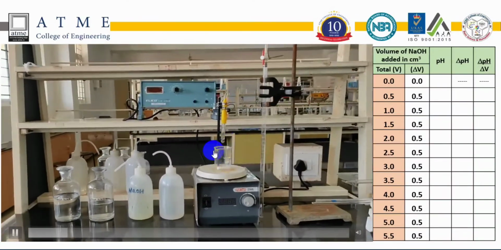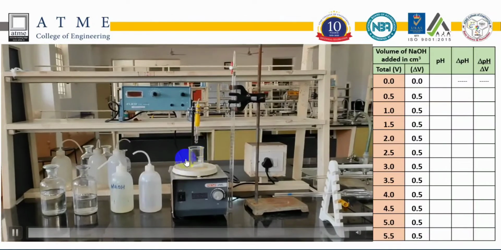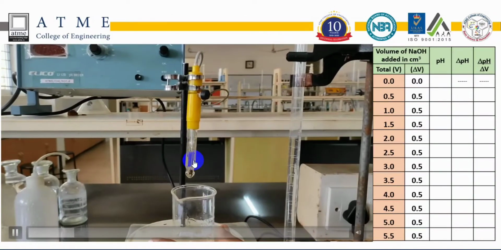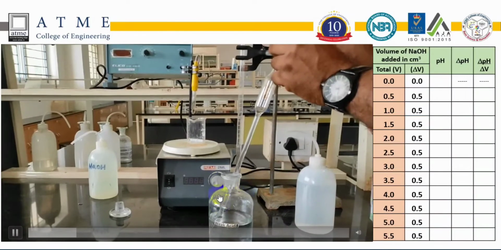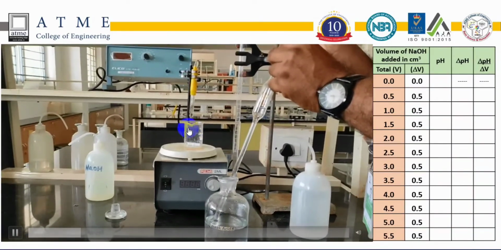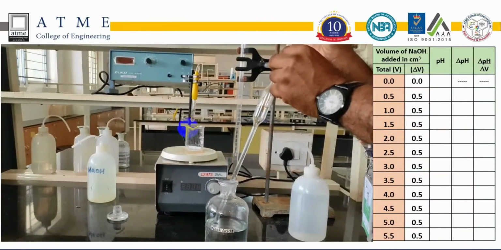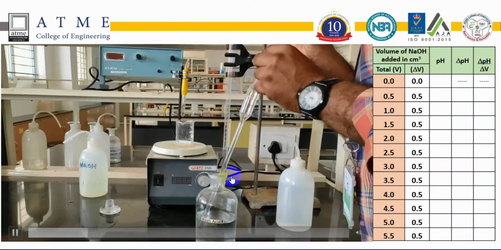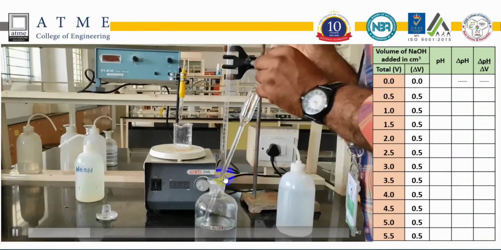Initially, wash the beaker with distilled water and also the electrode. Pipette out 50 cm cube of the given weak acid into a beaker. For 50 cm cube, you need to pipette it twice.